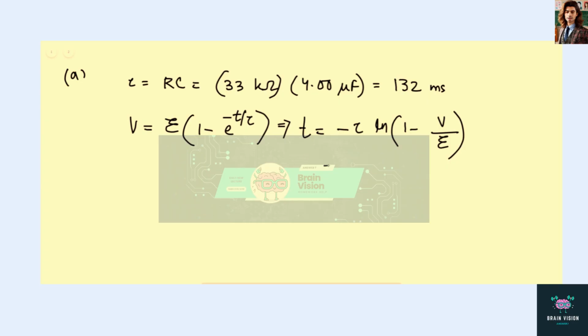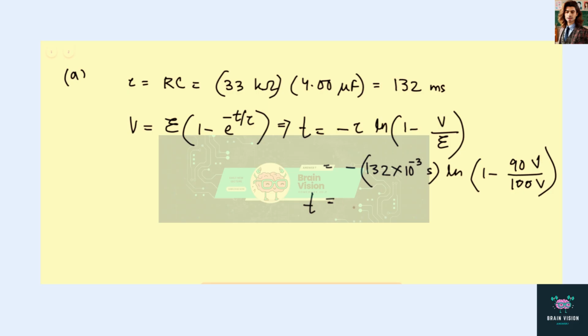Now we need to find the time it takes for the circuit to reach 90 volt. So V is 90 volt. So this is tau, then V is 90 volt and this is 100 volt.